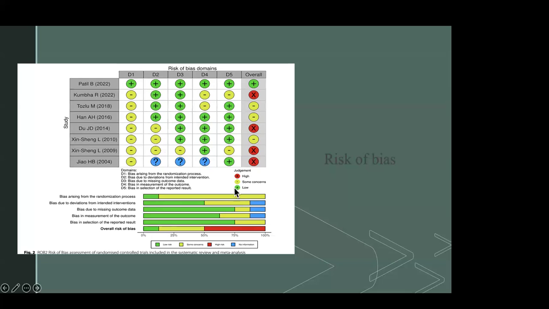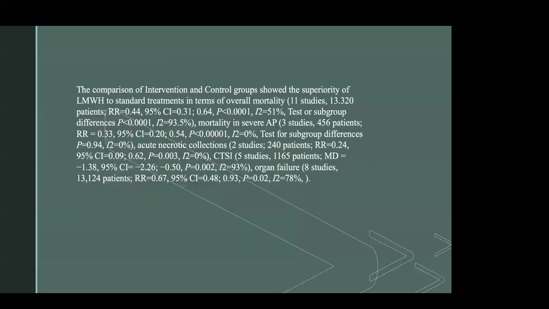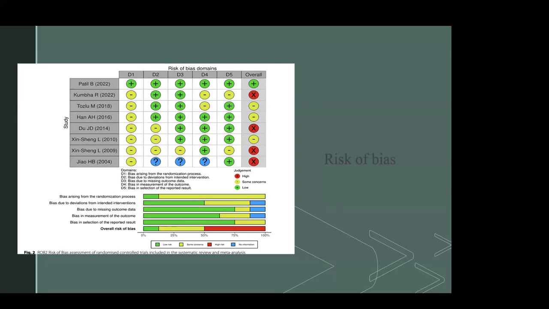Overall, a few studies, like the Kumar study published in 2022 and the DUJD study in 2014, are all showing some high level of bias as per the ROB2 risk assessment. In addition, they also used the ROBINS-I risk assessment to assess the degree of bias.